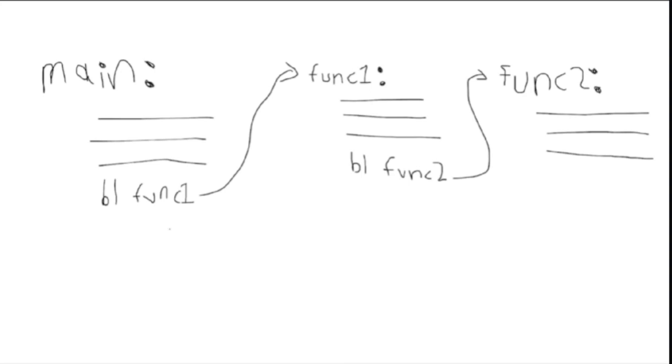But then we call a function, bl func1, which is our mod in this case. So then we call func1, and then we do all of that, and then we call another function, func2. So func1 is in the middle here. Func1 calls another function called func2, and it's the callee of another function called main.